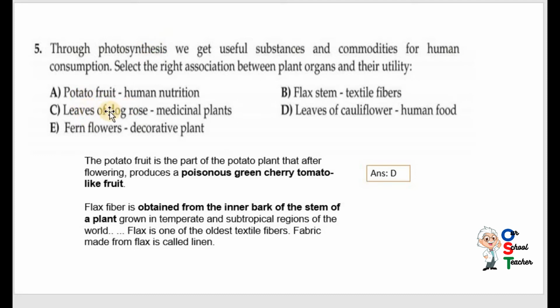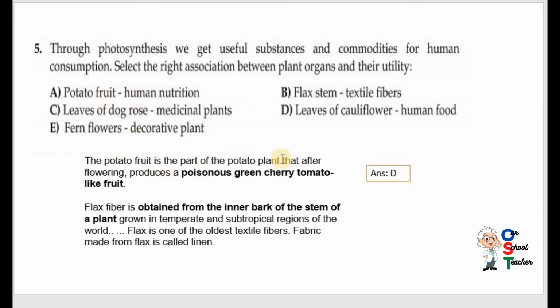So first of all, just check where the leaves are. C, leaves of dog rose. D, leaves of cauliflower. So you have to select C and D, but read other options as well. Potato, fruit, human nutrition. The potato, fruit and human nutrition as well, because they are saying for human consumption. So you can read this as well.